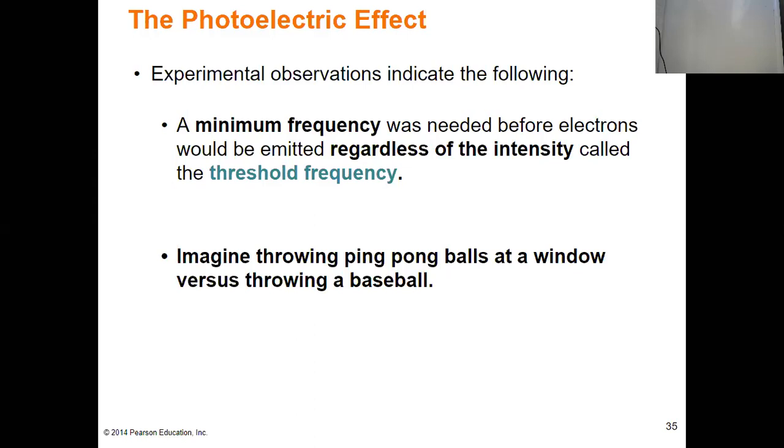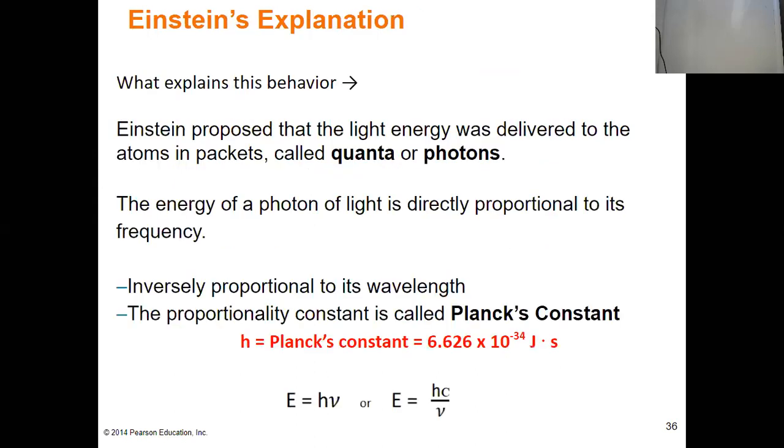It doesn't matter whether you throw one baseball at the window or 25 baseballs. Your electron has already been ejected. So that's the idea of that threshold frequency. You hit this one point and you're either going to be able to eject the electron or not.